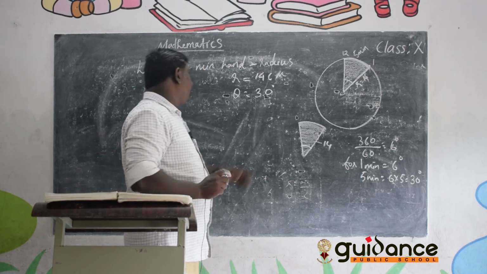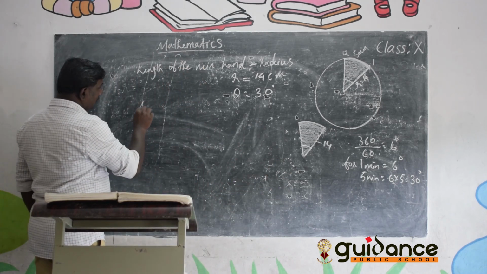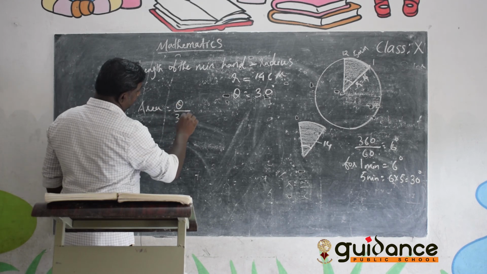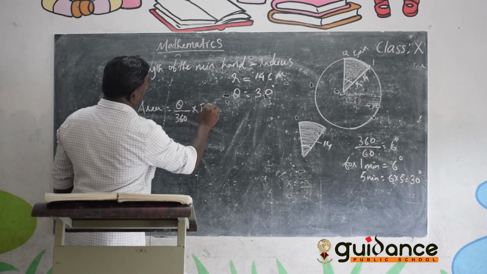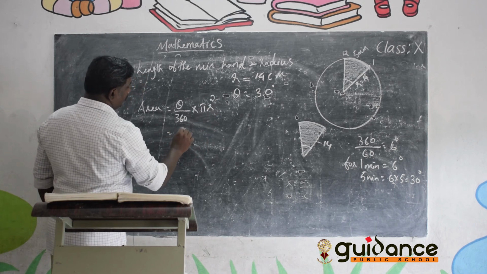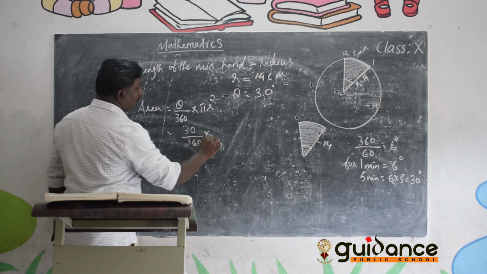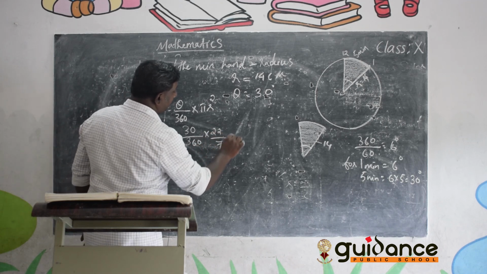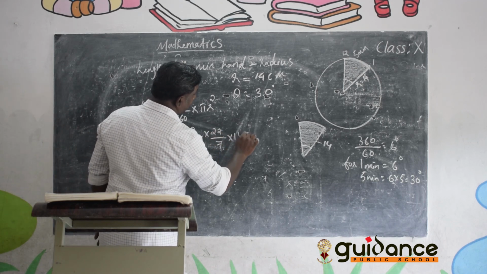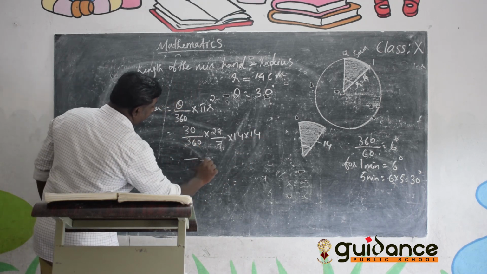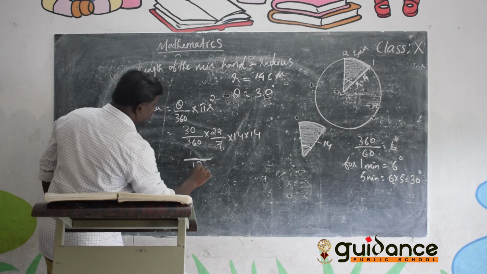Okay. Then area equal to theta by 360 into pi r square. That is equal to 30 by 360 into 22 by 7 into 14 into 14. So it will be 1 by 12.